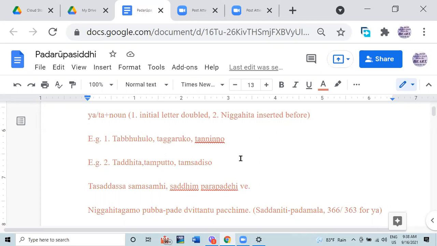So okay, tabula, tagrugo, tanino is easy. The initial consonant letter of the following word is doubled. So another method is negita inside after ta. Like here. Okay. Tambodo. I will explain later.